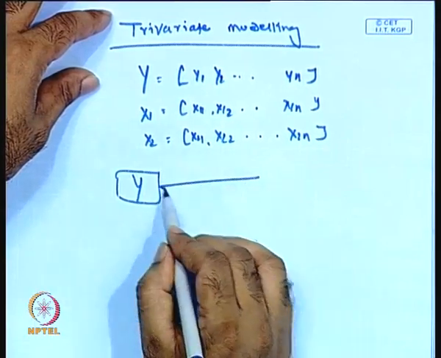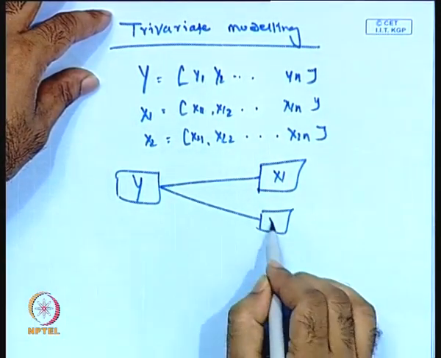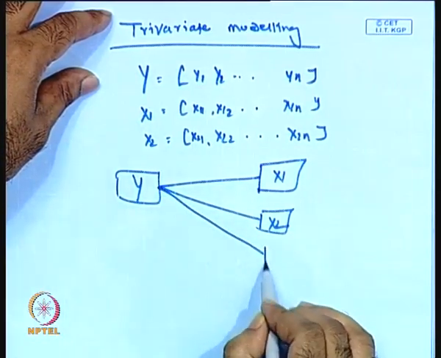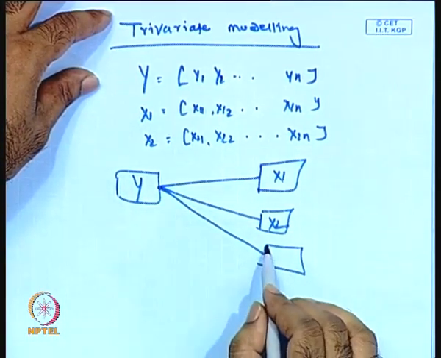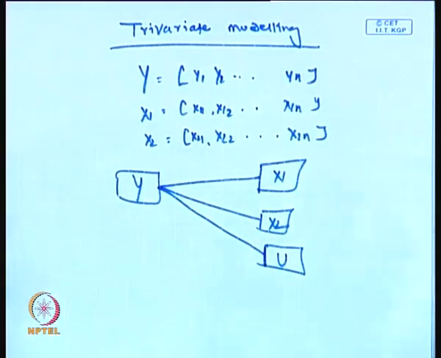Obviously, we have other variables, u variables, which we could not capture, that we will represent in the form of u. So now we would like to know how the setup and structure is in the case of Trivariate econometric modeling.